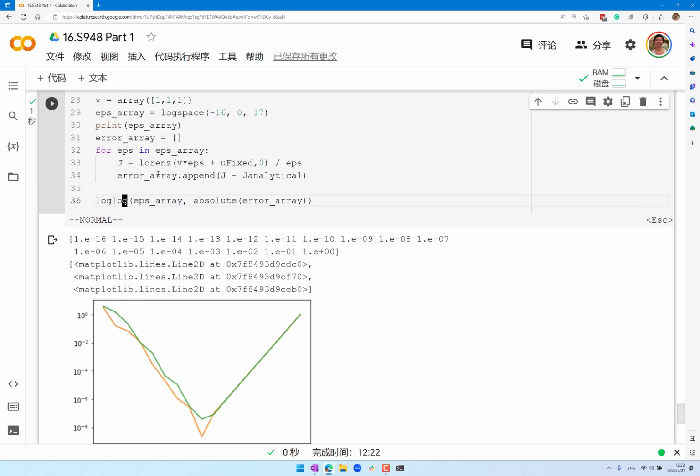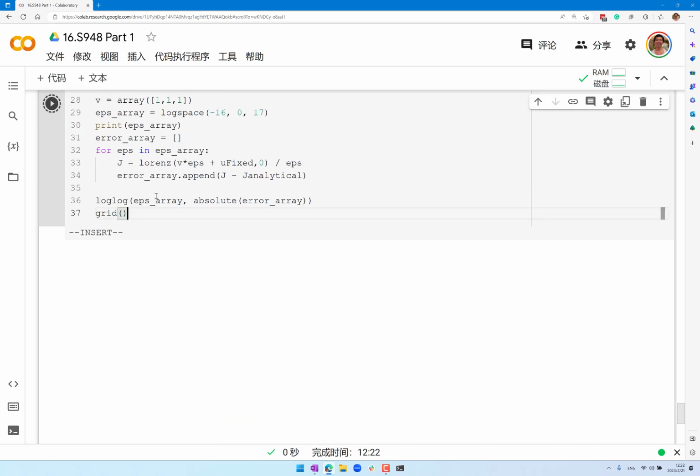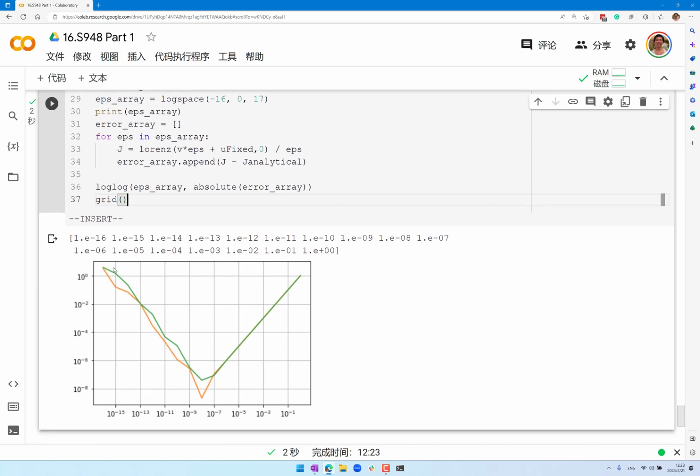Okay, and if you want to, let's just make a grid. You can see that the slope of both branches are what? What's the slope like? They're both about 1, right?